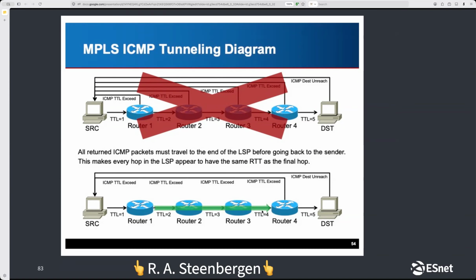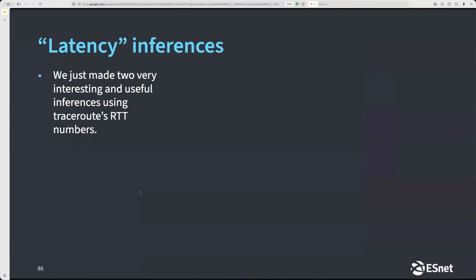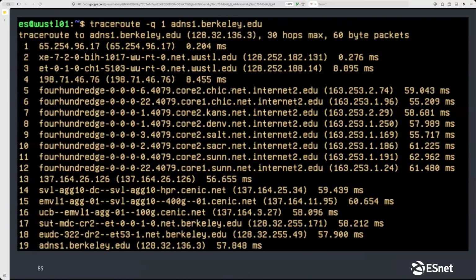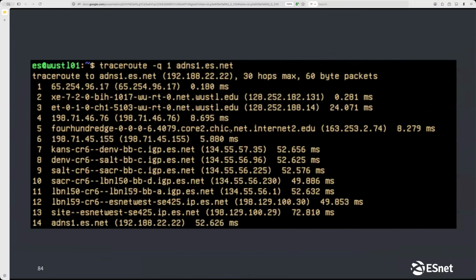So in other words, you're going to have latency that matches at every one of these hops. It's going to match the far end latency, or the far end RTT. So you're going to see the far end RTT as soon as you hit router one, which basically means that you're going to see these numbers jump as soon as you get into an MPLS network. Okay, wait, I'm going the wrong way here. Let's go back.